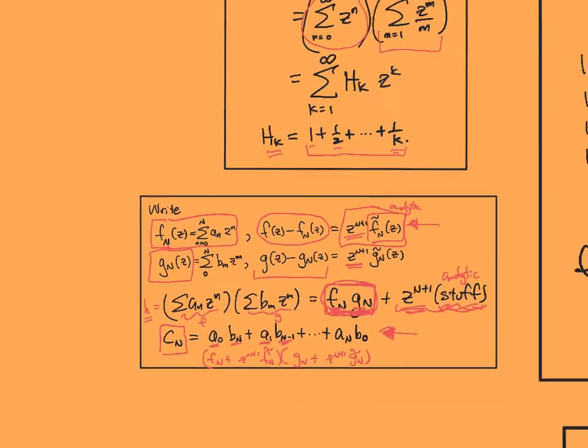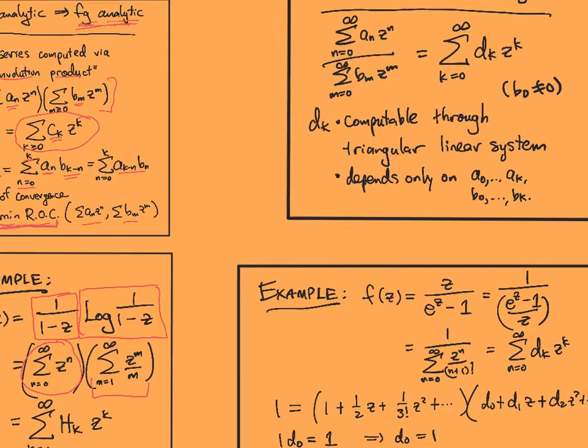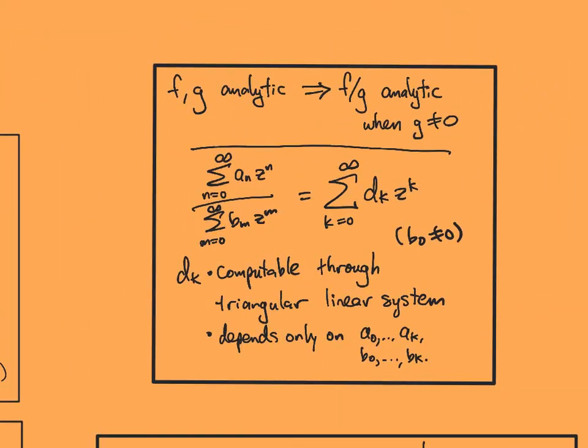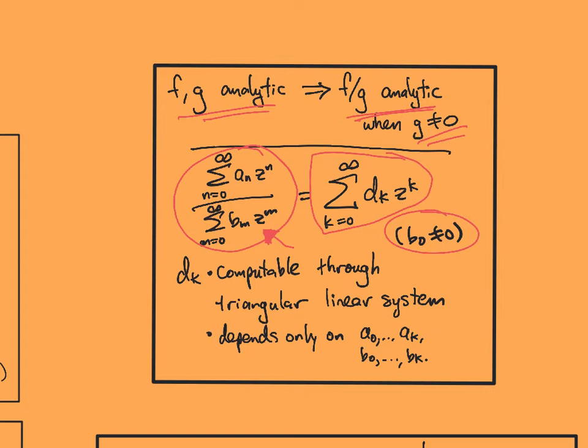We can do the same thing with division. It just gets a little more complicated. So if I have f and g analytic, then f divided by g is analytic whenever g is non-zero. So I can do this with power series. And if I have b_0 non-zero in this bottom power series, then it's non-vanishing near zero. So I can do this, and I know by the theory that I'll get an analytic function.